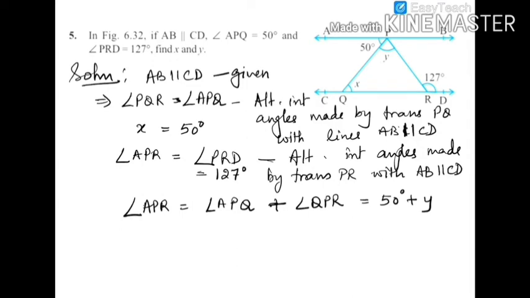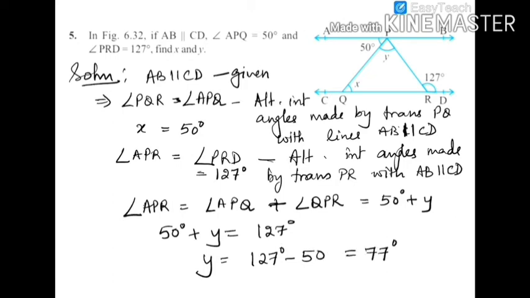So equating these two, as their left hand sides are equal, 50 degrees plus y is equal to 127. So y is equal to 127 degrees minus 50, that is equal to 77 degrees.